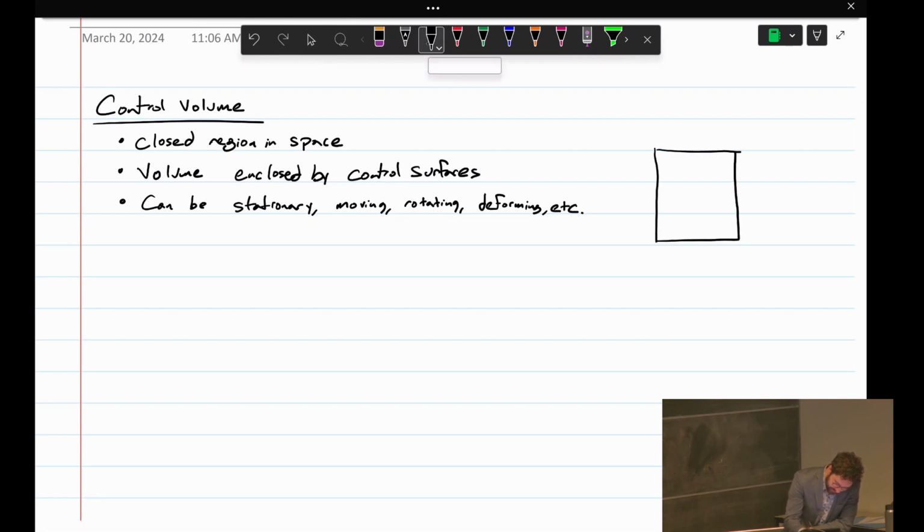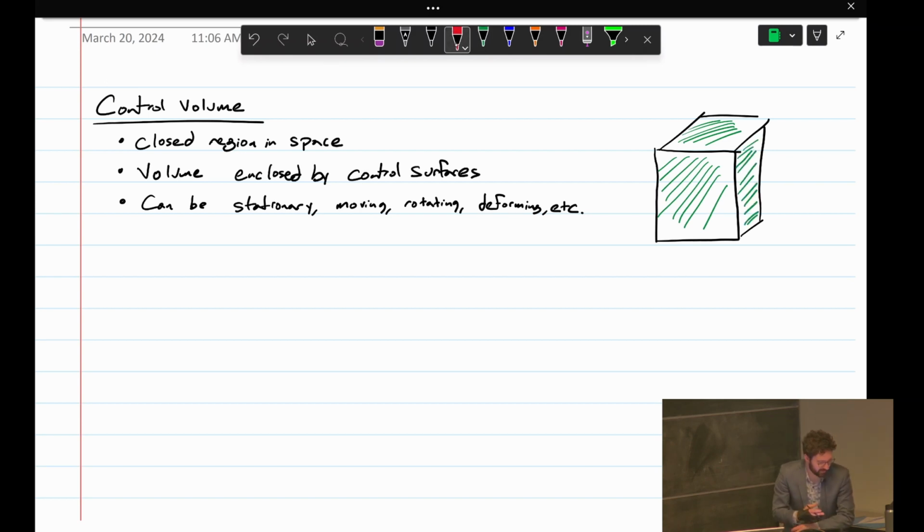Say a box control volume. So our control surfaces, I'm going to do in green here. So the control surfaces are these edges of our box. There's a very important normal vector to define on our control volume here. So n hat is going to be defined as the surface normal vector, and it's always normal. It is a unit normal vector everywhere on all the control surfaces.